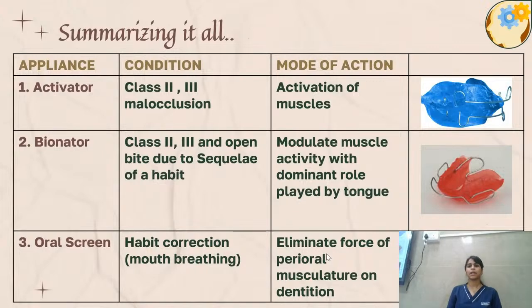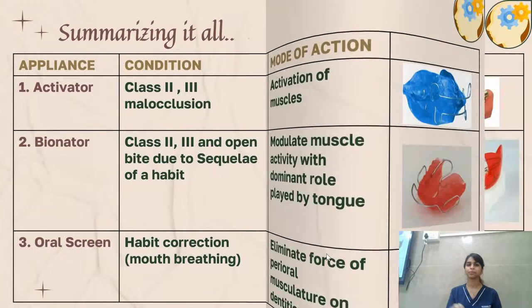Now let's summarize all the appliances and their mode of action. So the first appliance, that was activator, acted by activation of the muscles. It acted by force application. Bionator acted by modulating the muscle activity, wherein the major or dominant role was played by the tongue. Oral screen acted by eliminating the force of perioral musculature on dentition.